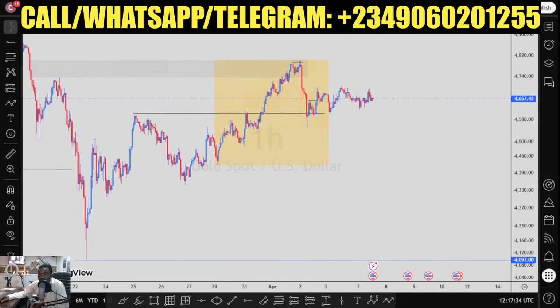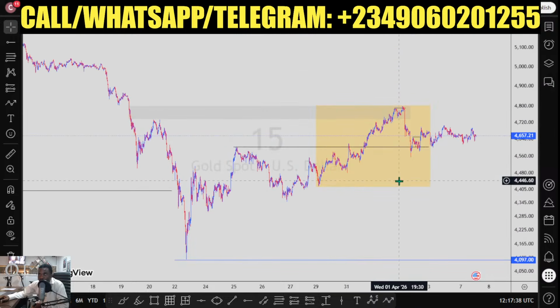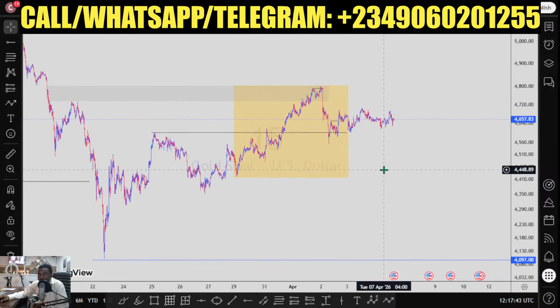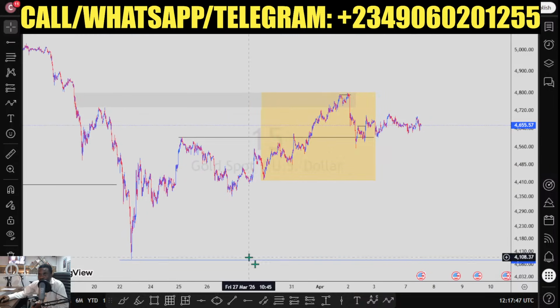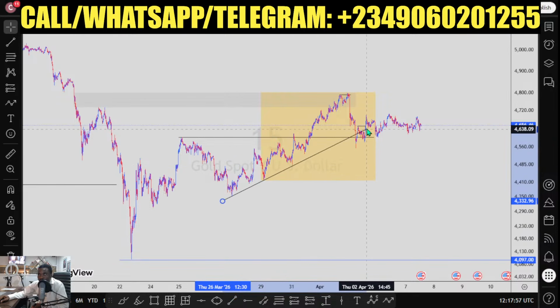Let's go to the 15-minute chart. This is what we have on the 15-minute chart. From this swing low all the way here, price crashed all the way down.